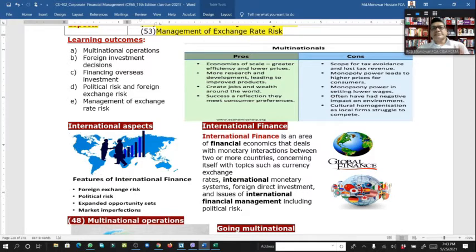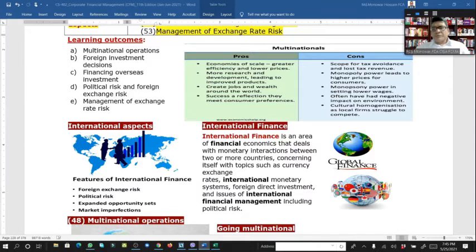Within this, we see more research and development leading to improved products, creating jobs and wealth around the world, success in innovation, and meeting consumer preferences. Also, sometimes companies go for multinational for avoiding tax. That means there is a scope for tax avoidance and loss of tax revenue by the government.